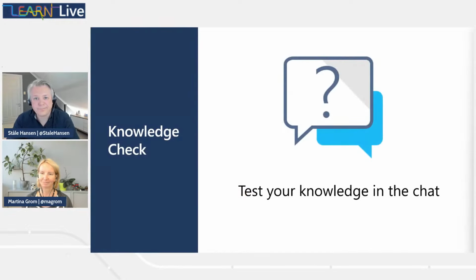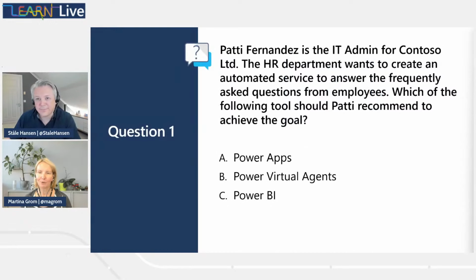So, time to test your knowledge. If we look at the first question, I will just read it here. Patty Fernandez is the Teams admin for Contoso. The HR department wants to create an automated service to answer the frequently asked questions from employees.